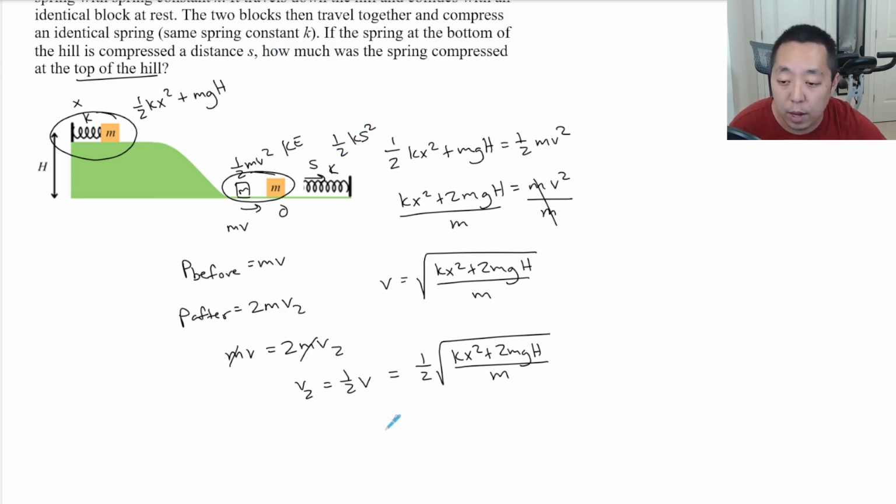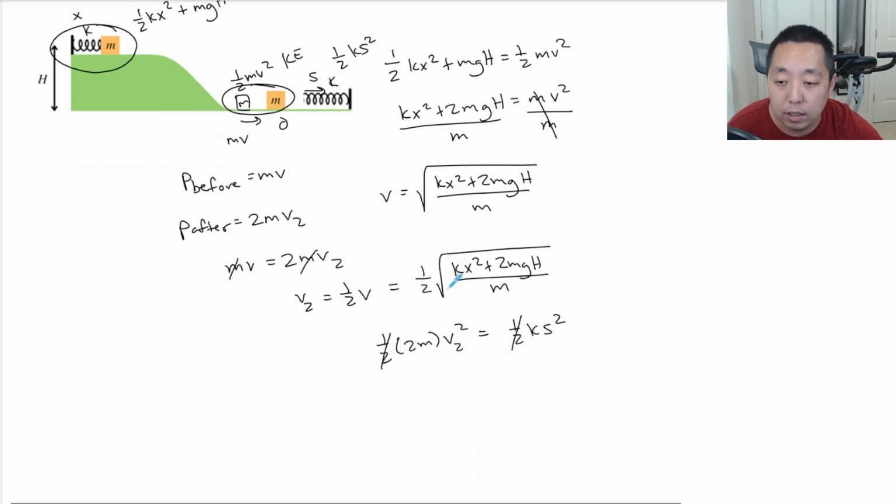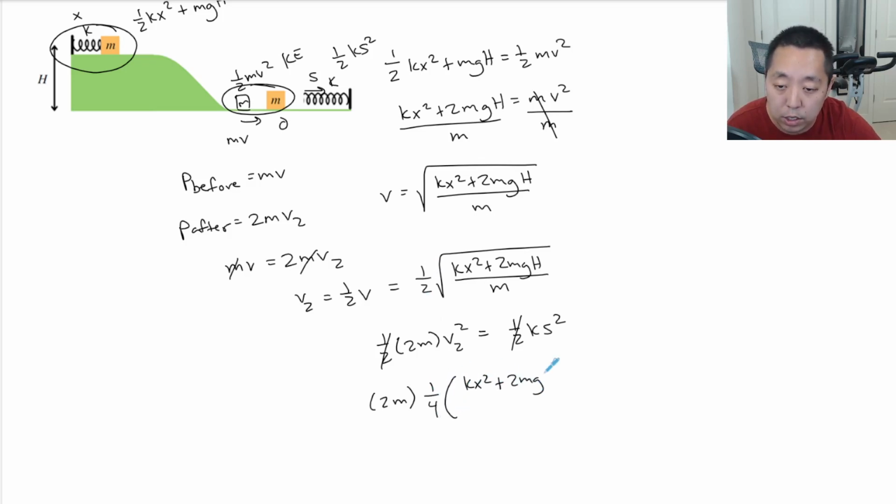Okay, so we're going to say that 1/2 times 2m times v2 squared, that's the kinetic energy here, has to equal 1/2 ks squared. The 1/2s can cancel, and then we can square this thing and plug it in here. So this is 2m. When I square the 1/2, I get 1/4, and then this becomes kx squared plus 2mgh over m is equal to ks squared.